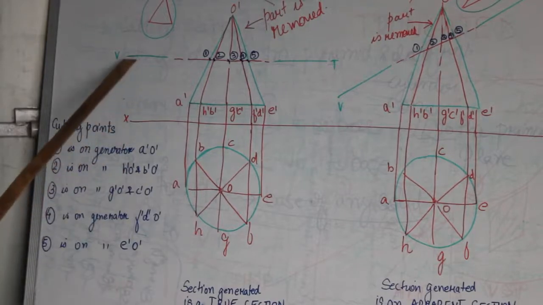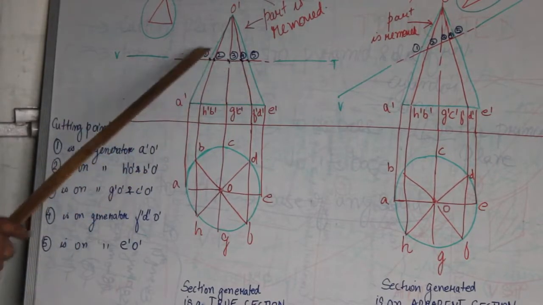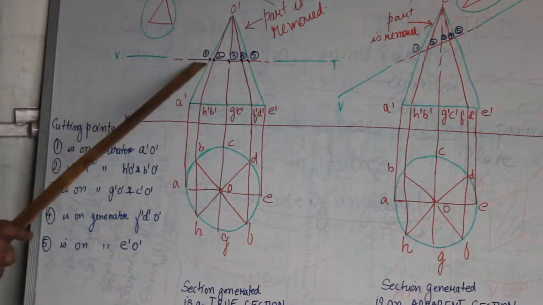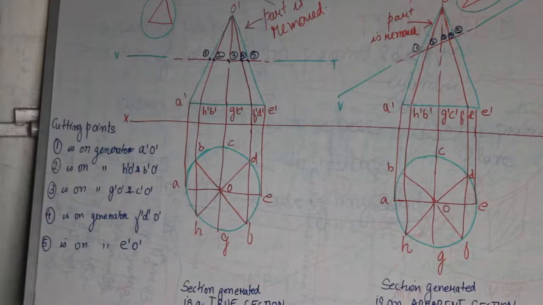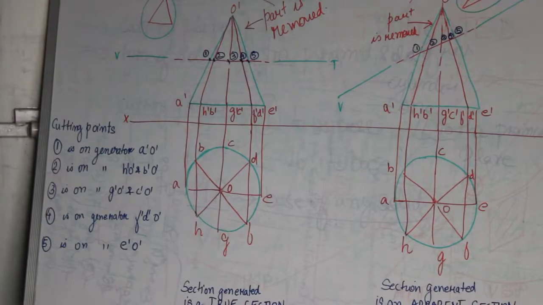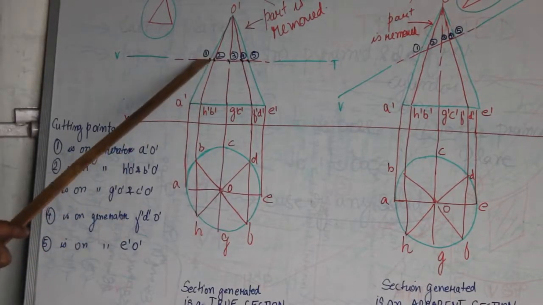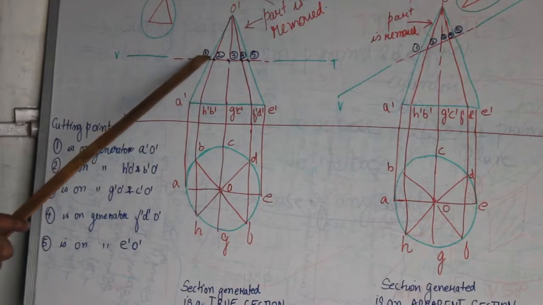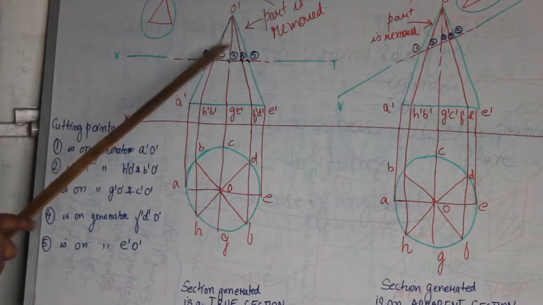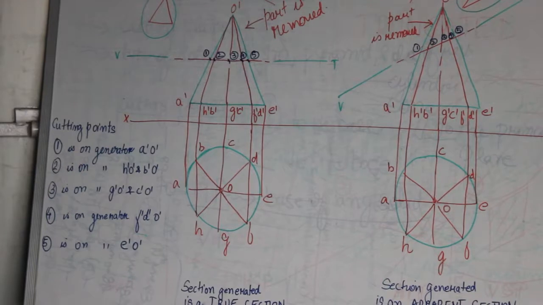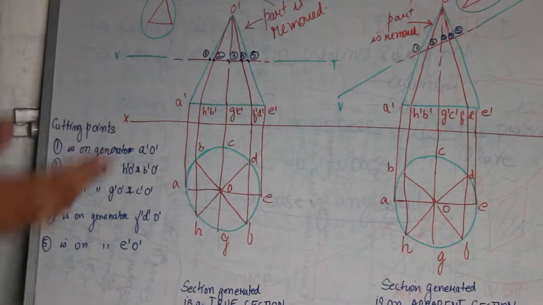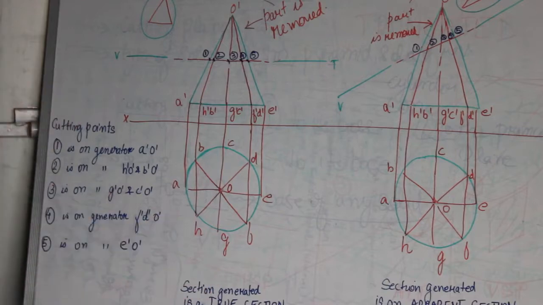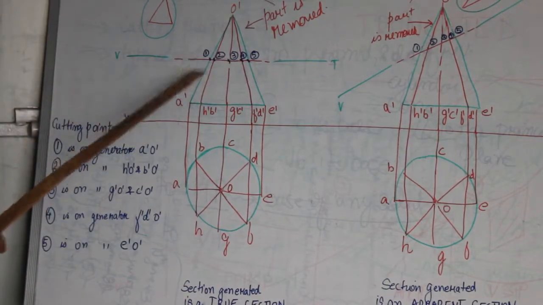So when a cutting line passes through the solid, it keeps on intersecting with the various lines which are there in the drawing. So wherever it passes through, it tries to cut those surfaces of the solid, meaning that it is actually cutting the solid portion of the solid.